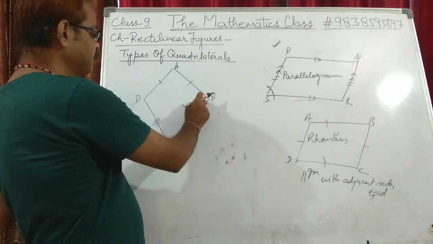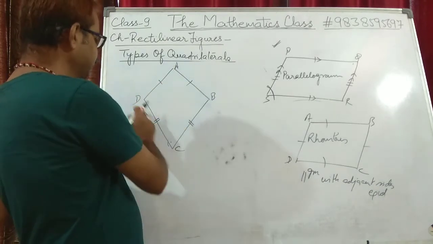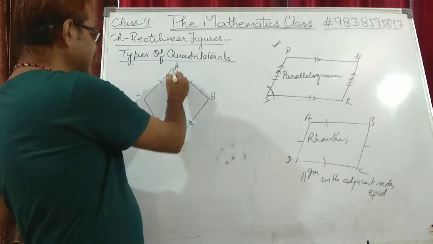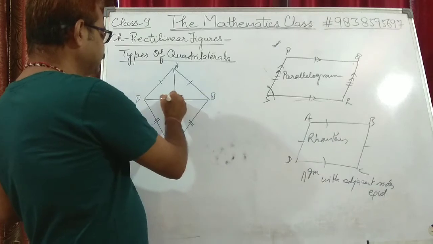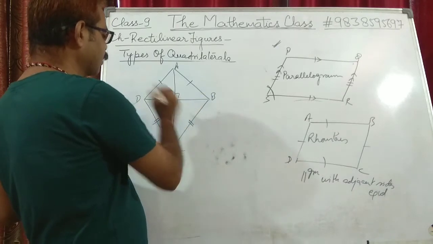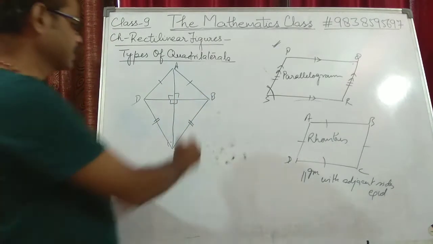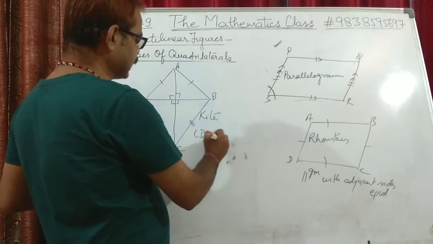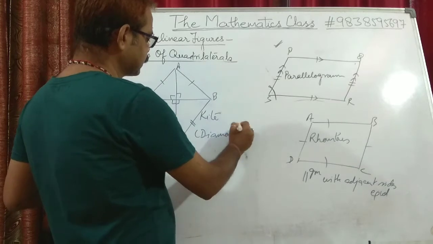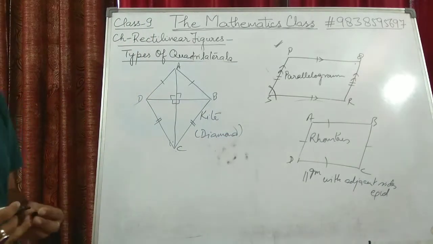AD is equal to AB and BC is equal to CD. Next, its diagonals intersect at 90 degrees. These angles are always 90 degrees. This is known as a kite, or in some books it is also written as diamond.